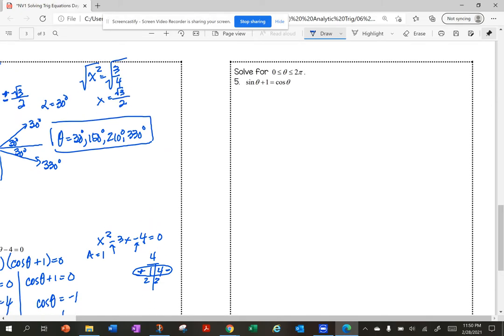This one I'm going to solve in radians. I need to be aware of what the answers are expected to be in, because it says from 0 to 2 pi. Right now I have sine of theta plus 1 equals cosine of theta. I want this in terms of one trig term, and right now I have two different trig terms. So I am going to square both sides.